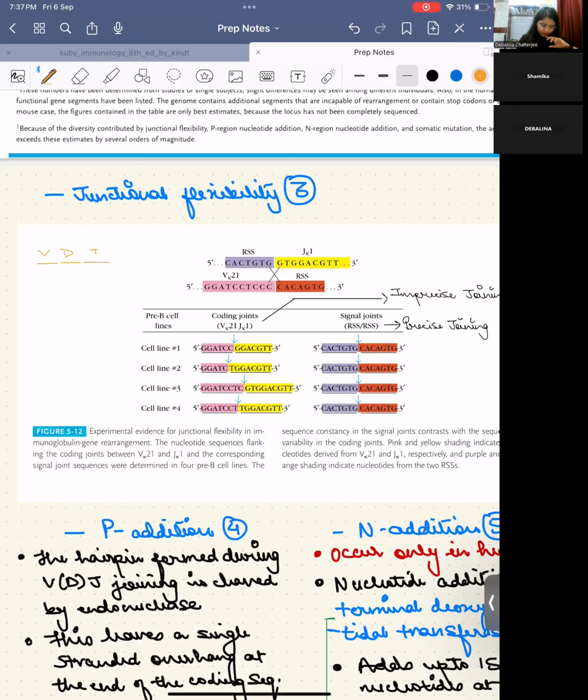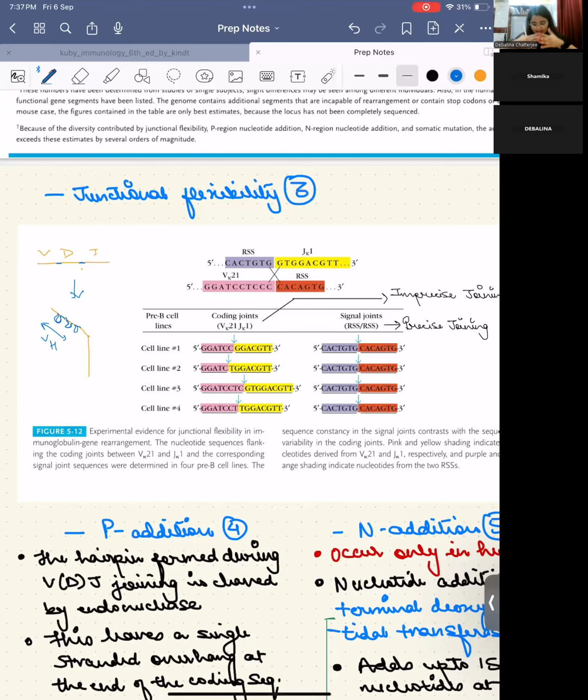And when this is assuming the structure of the antibody molecule, this entire thing is the variable region, right? So this is a heavy chain, because there's also a D region. We say that we have some hypervariable regions. These coding segments are actually forming your hypervariable regions of the heavy chain as well as for the light chain.